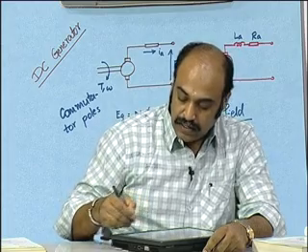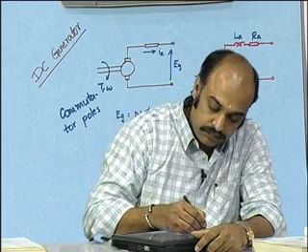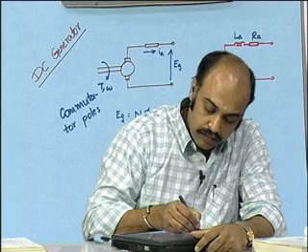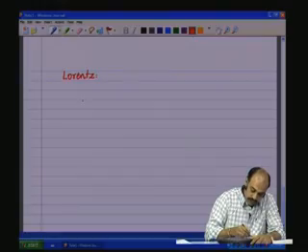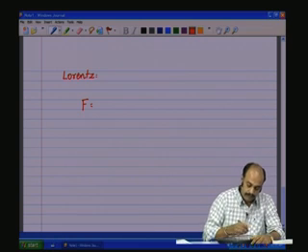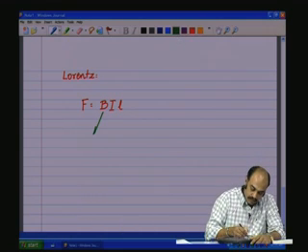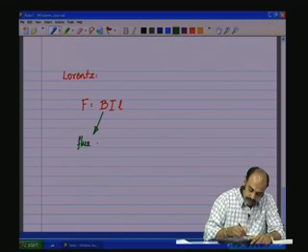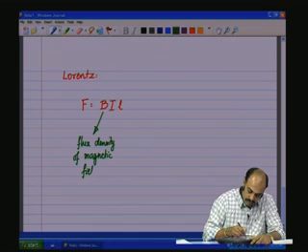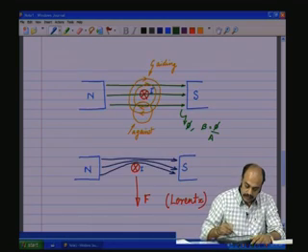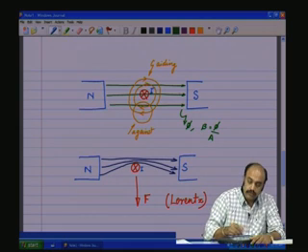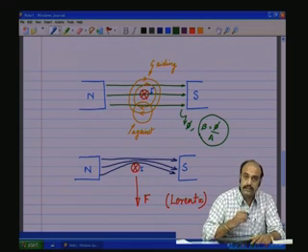So, what is the value of this Lorentz force? The Lorentz force F is given by a very simple equation, B into I into L, where B is the flux density of the magnetic field, and in this case it is the flux density of the north-south magnetic field that is being applied, and which is this.